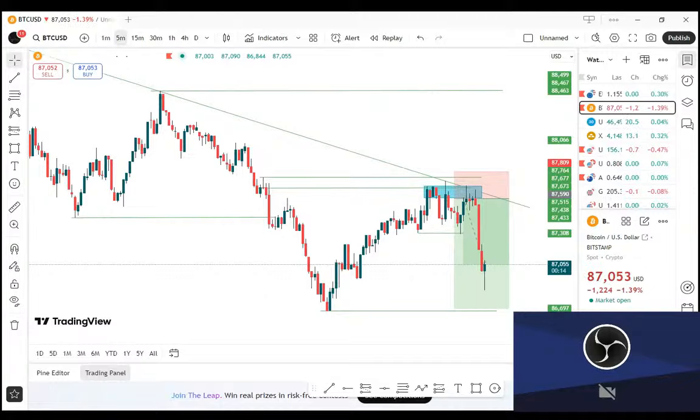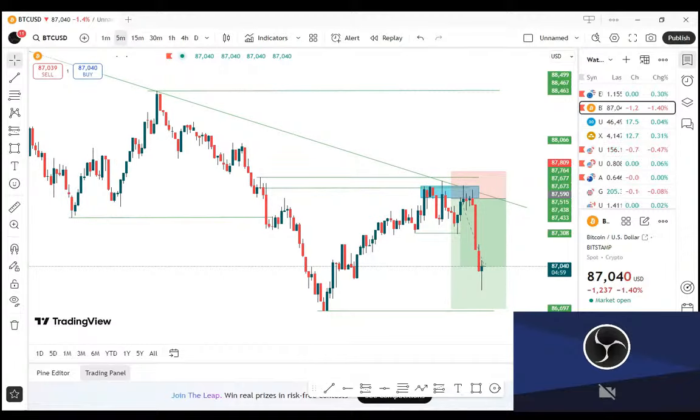Price is making it interesting. Same price broke with a bullish candlestick.